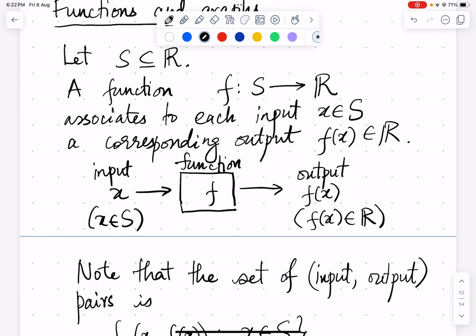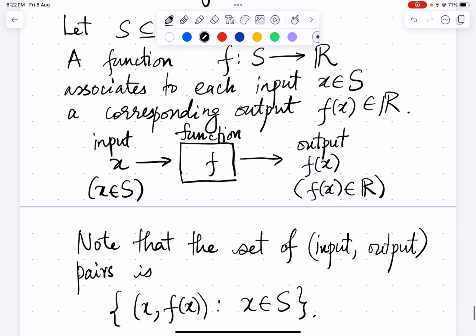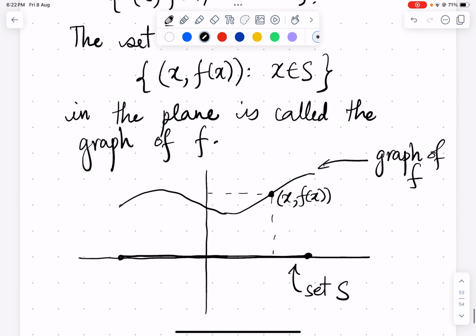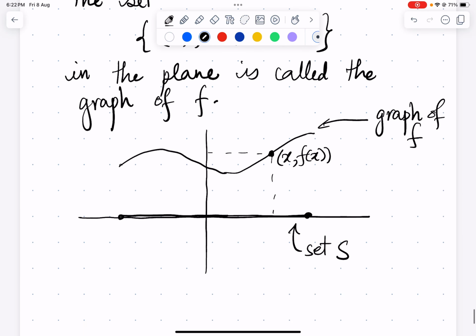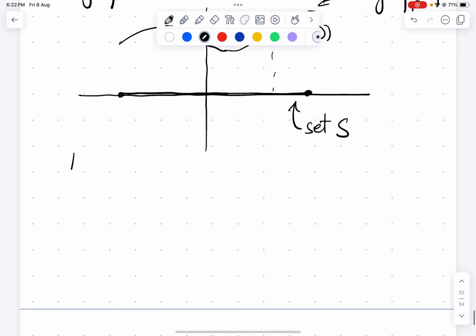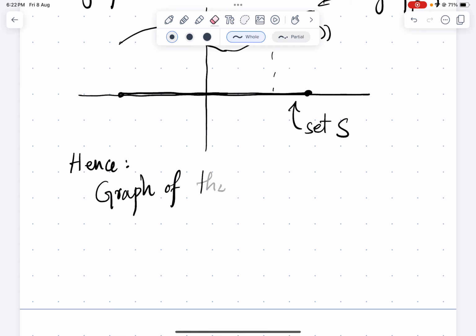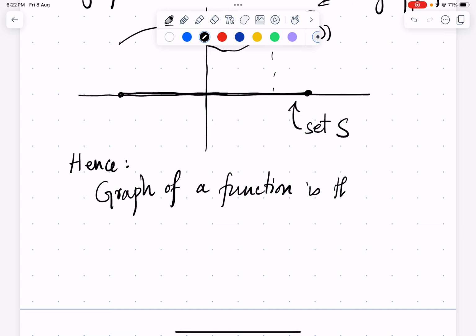So a function f from S to R just associates to each input x in S a corresponding output f of x in R. And the set of input output pairs, if we plot it in the plane, is called the graph of f. So that's all. Again, to emphasize, the graph of a function is the set of input output pairs of the function.